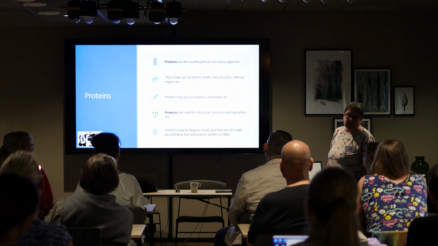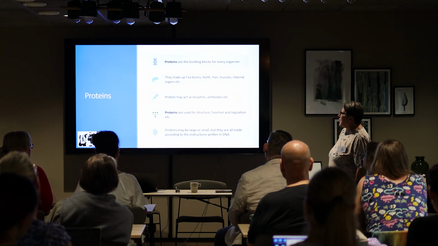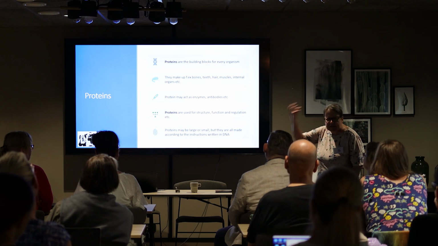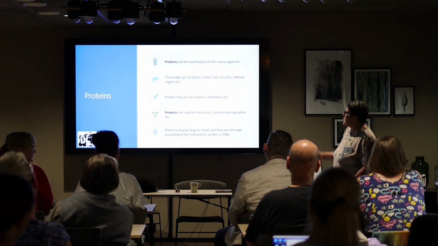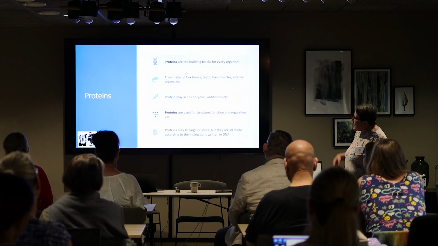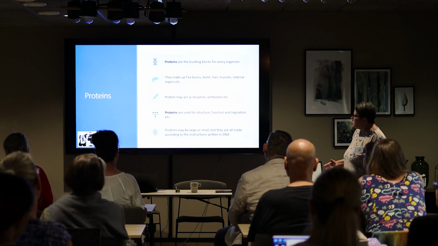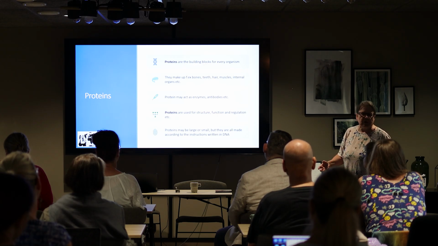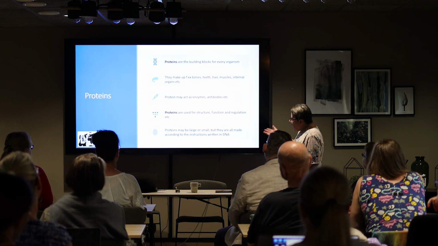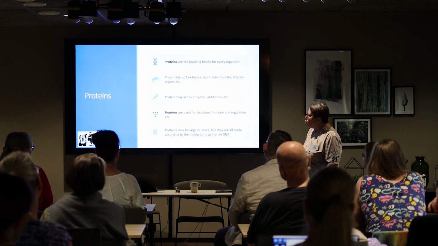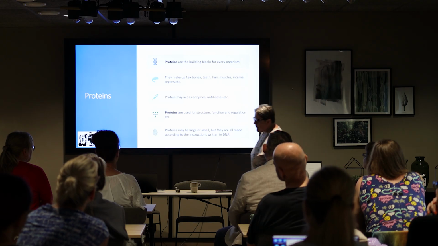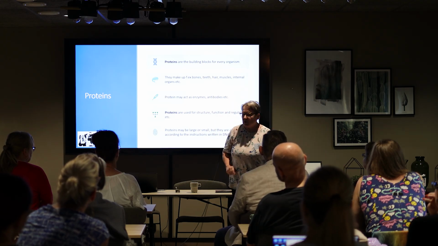That is also something that we have to take into consideration. But proteins are important, and they have multiple functions. They are antibodies, they are enzymes, they are cell signaling molecules, all kinds of different functions. They are used for structure, function, regulation of the body, everything. Proteins may be large or small, but they are all made according to the instructions written in these base pairs of the DNA.